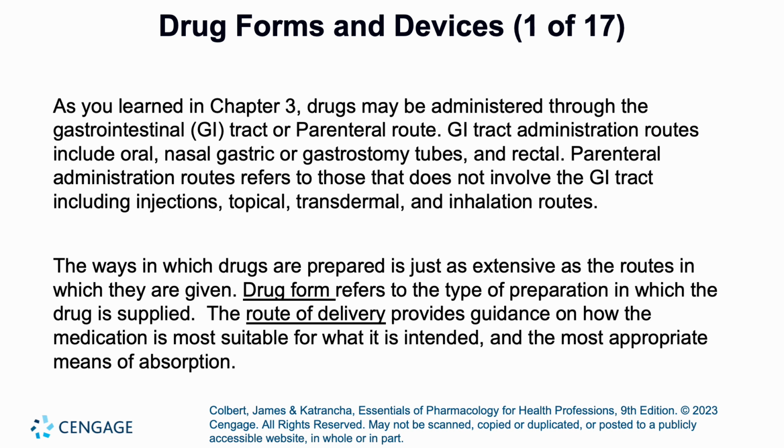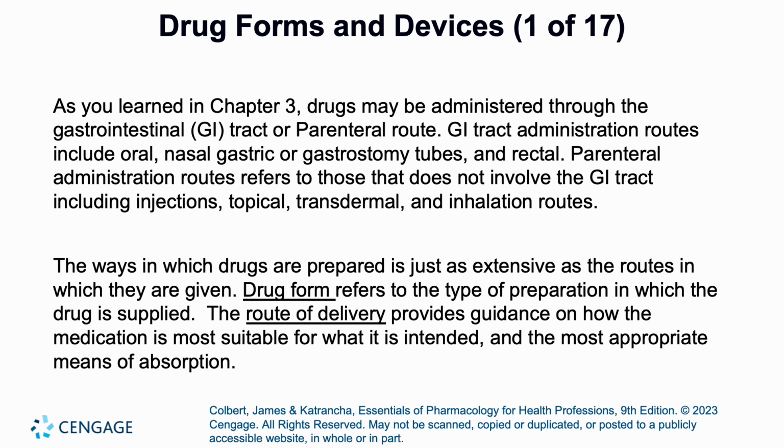The ways in which drugs are prepared are just as extensive as the routes in which they are given. Drug form refers to the type of preparation in which the drug is supplied. The route of delivery provides guidance on how the medication is most suitable for what it is intended and the most appropriate means of absorption.